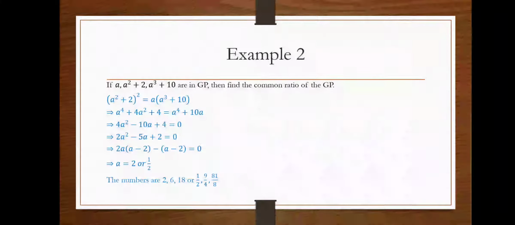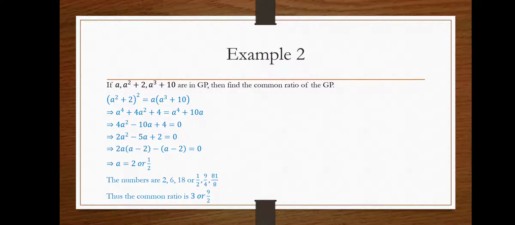And if I take half, then the numbers will be half, 9 by 4, and 81 by 8. So from the two different GPs we get two different common ratios, and the common ratios are either 3 or it is 9 by 2. Fine.